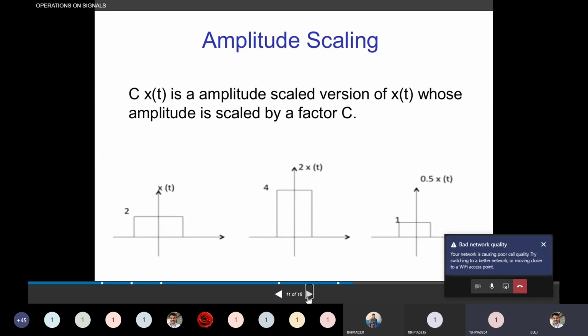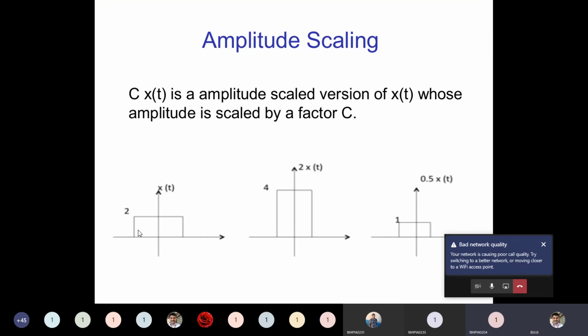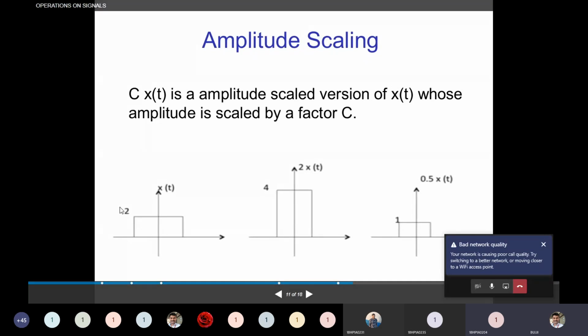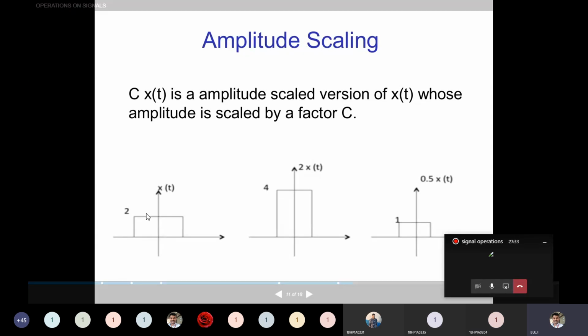Amplitude scaling. Here, what is the scaling? Only the magnitude is multiplied. Simply multiplying the magnitude. See, basic signal x of t. Time is not applied here; we are only concentrating on the amplitude. That's why time is not specified.